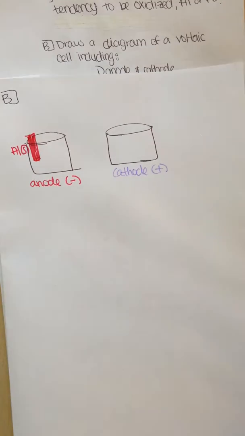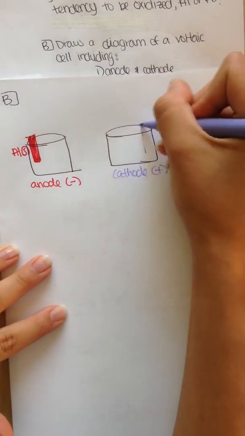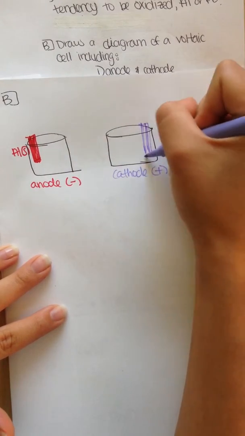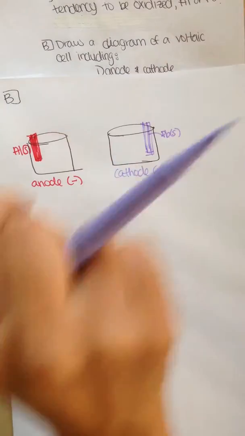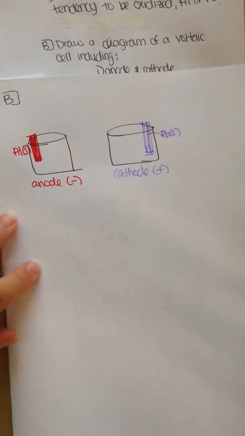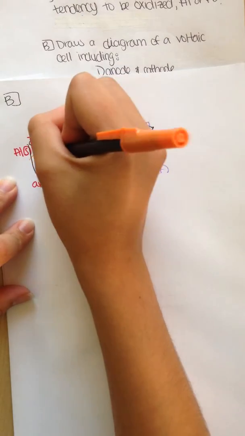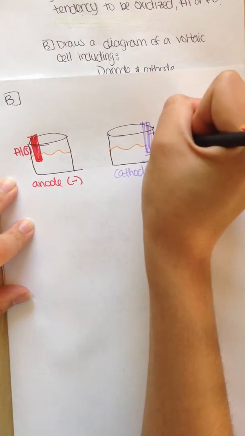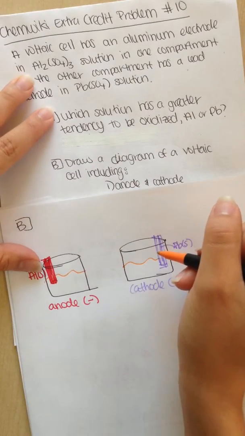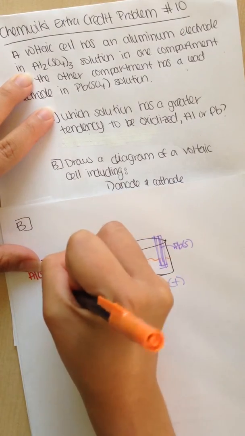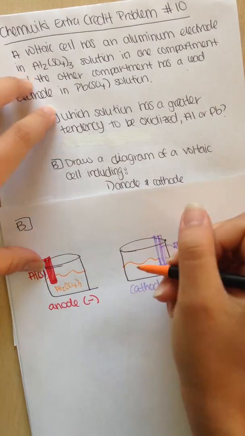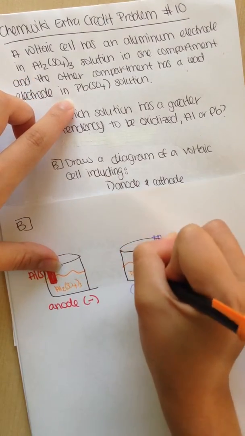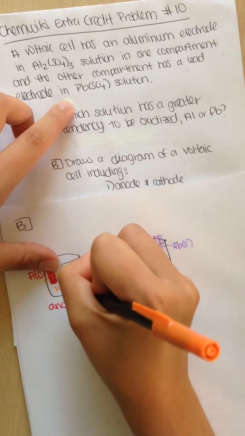And then let's draw the lead solid, and they're both in aqueous solutions. Aluminum has an aqueous solution of Al2(SO4)3, and lead has PbSO4, and they're aqueous.